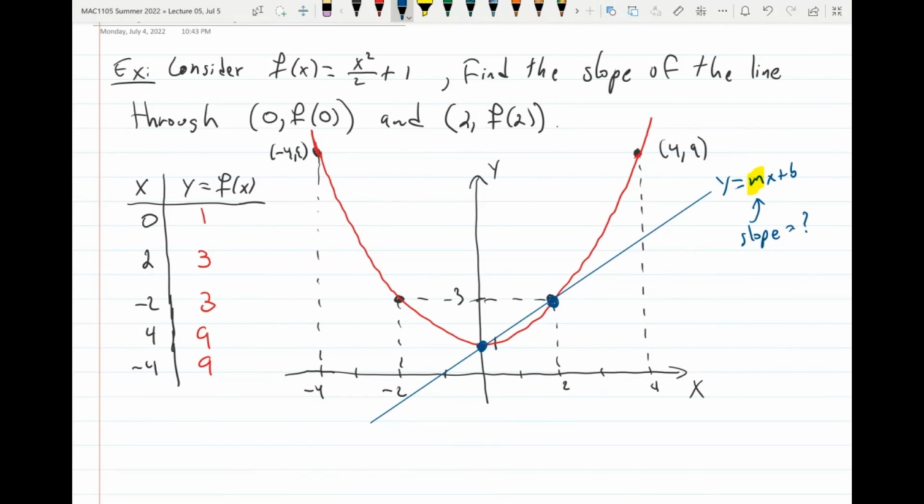Okay, so how do we calculate the slope of a line? What will be the slope in this case? The slope is y2 minus y1 over x2 minus x1.